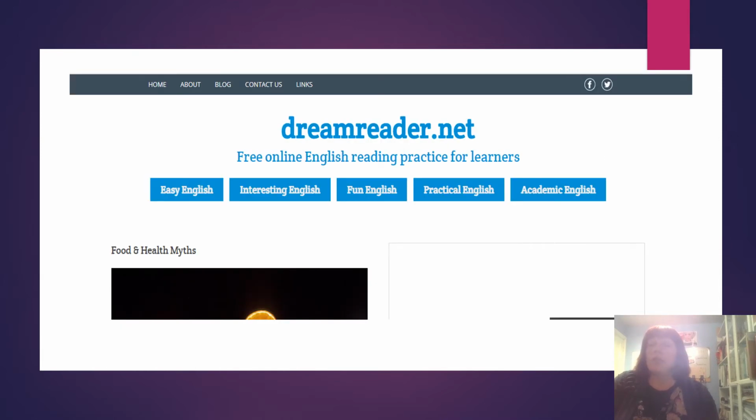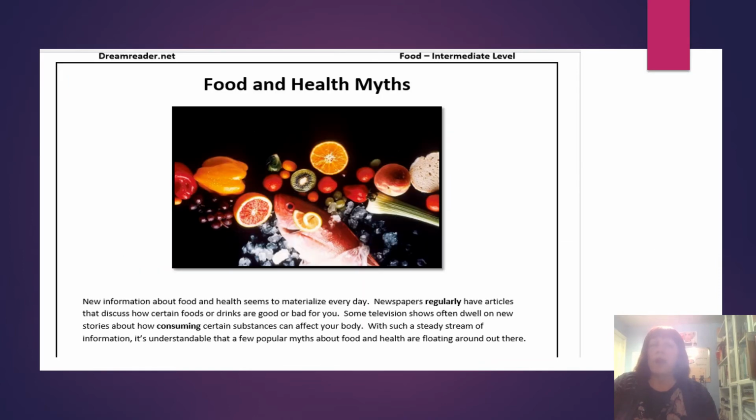And what I want you to look at next is, what websites could you use online to support your reading? Here's a really good one, dreamreader.net, has some really good pieces of reading and some tasks that you can do to check your reading. I'm just going to show you through a task now so that you can see what I mean. I've taken off this site a piece of writing that's all about food and health myths.